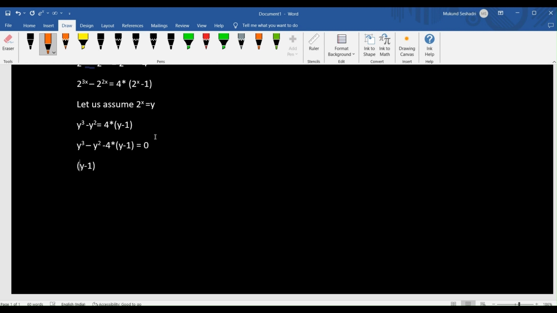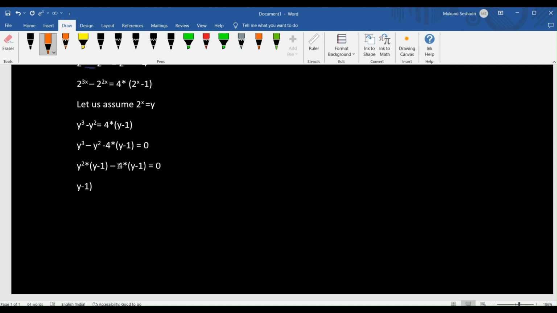I'm pulling out y square out of the first two parts of this particular equation. So it becomes y square into y minus 1 minus 4 into y minus 1 equals 0. Right, now y minus 1 is a common factor.